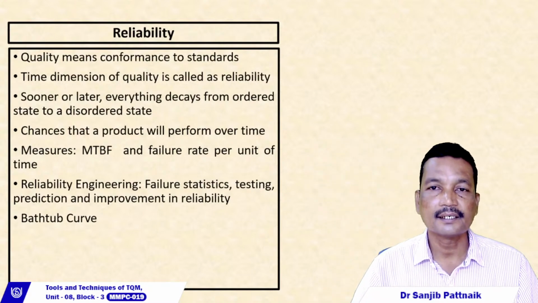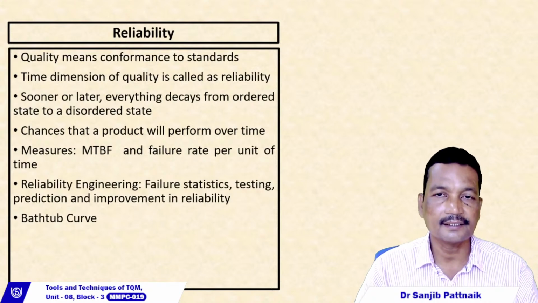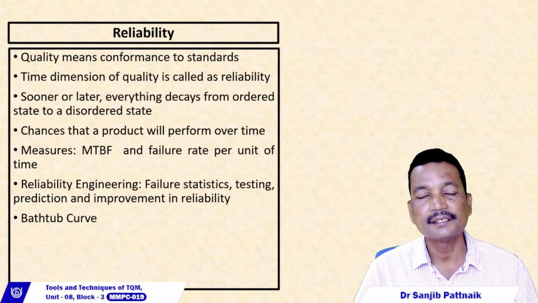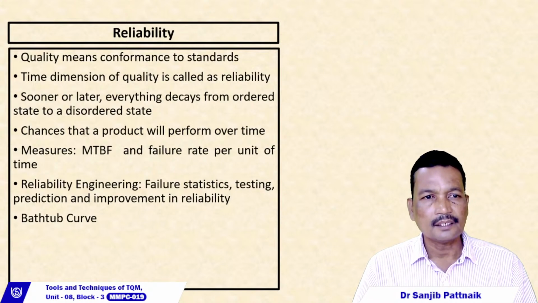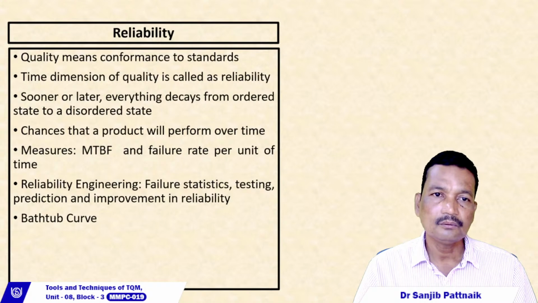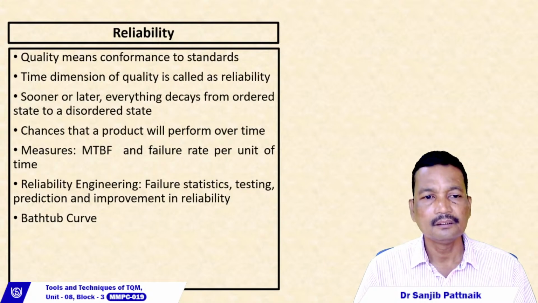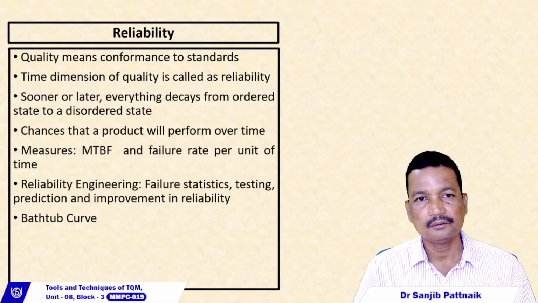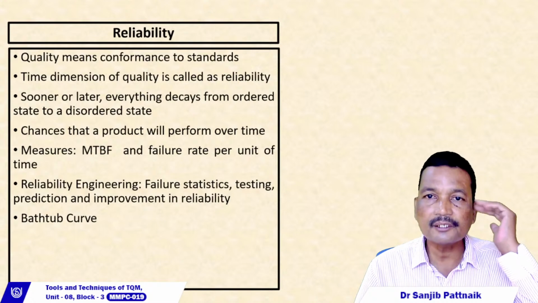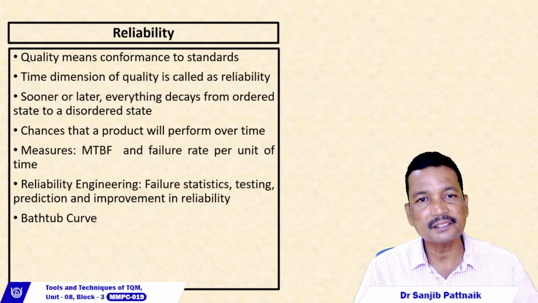Now let us look at the third technique of our total quality management, that is reliability. This is a term which we have used on numerous occasions during our lifespan up till this point of time.